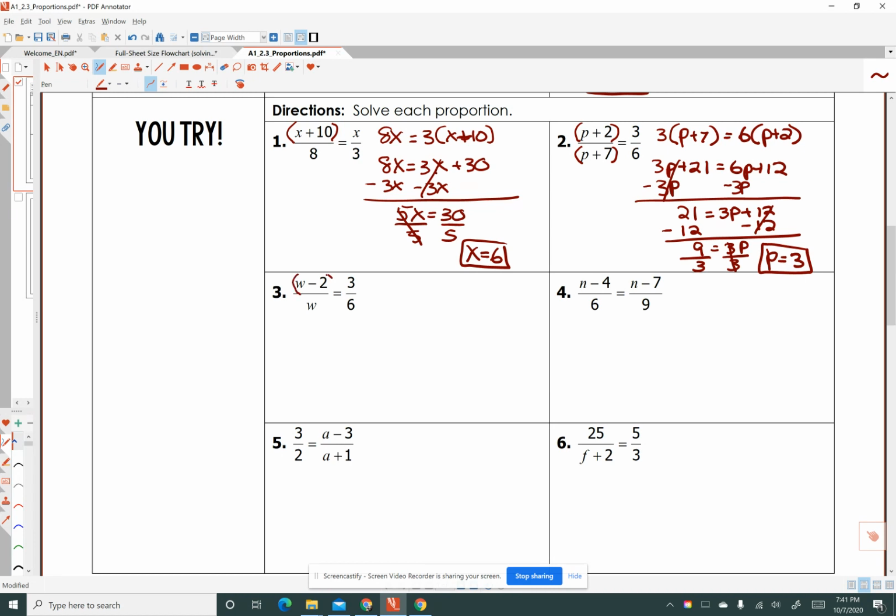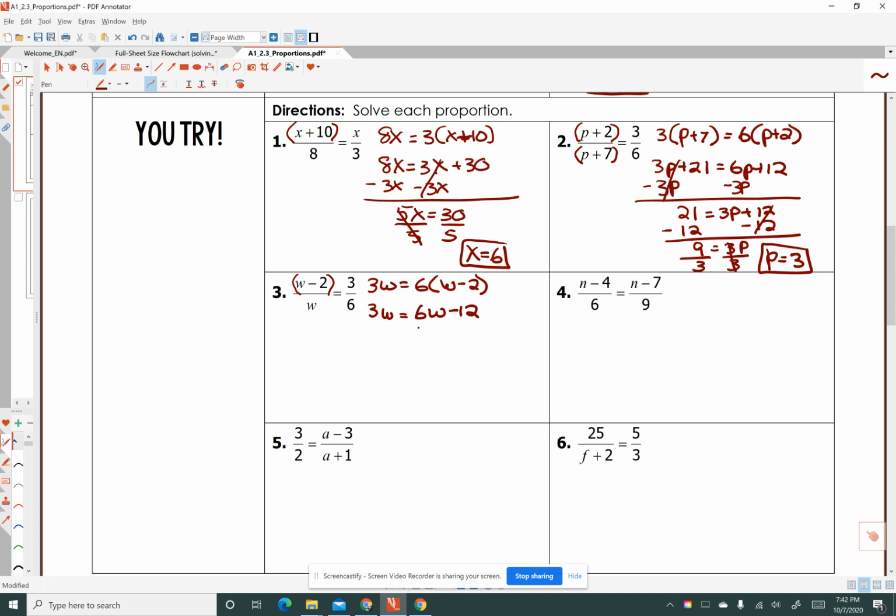Number 3, I have 3w, I'll go this way first, it doesn't matter. 3w equals 6 times the quantity of w minus 2. After I distribute, I have 3w equals 6w minus 12.